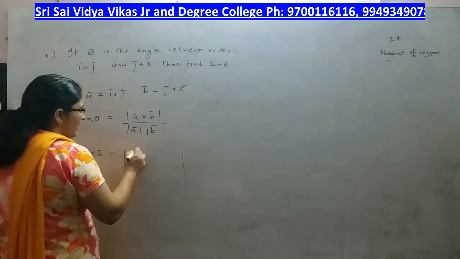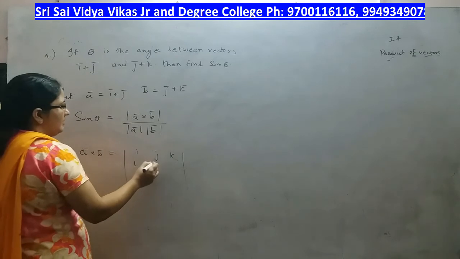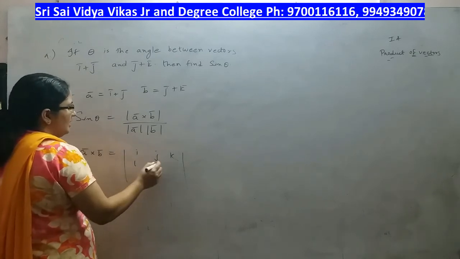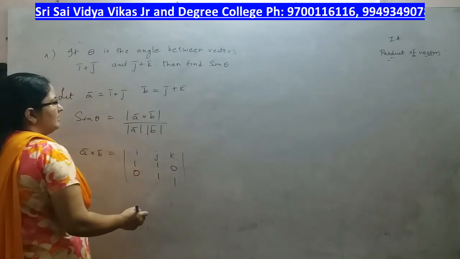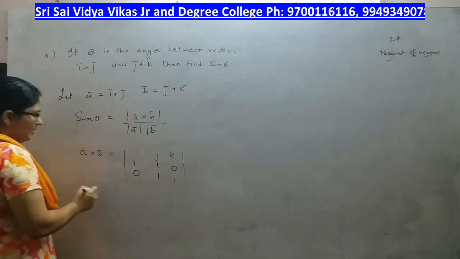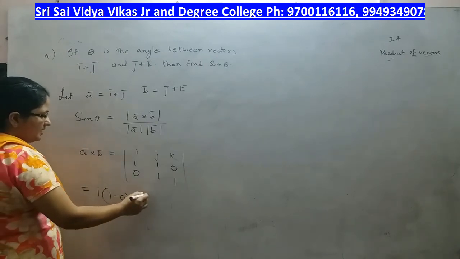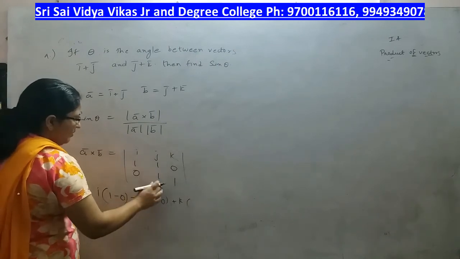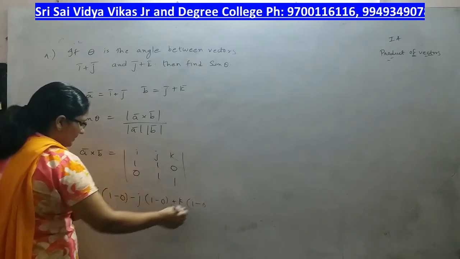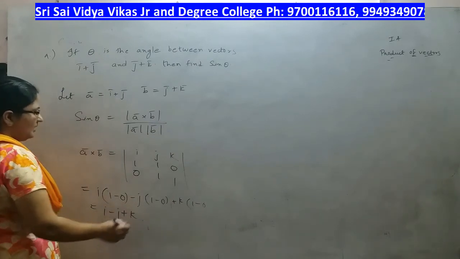It is i j k, 1 1 0, 0 1 1, that is equal to i into 1 minus 0 minus j into 1 minus 0 plus k into 1 minus 0, that is i minus j plus k.